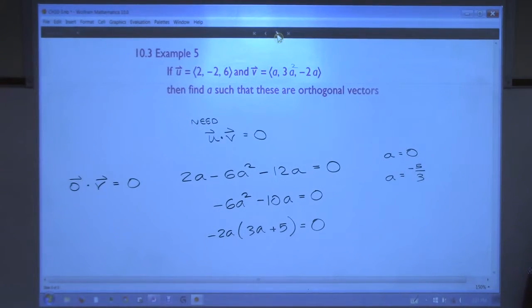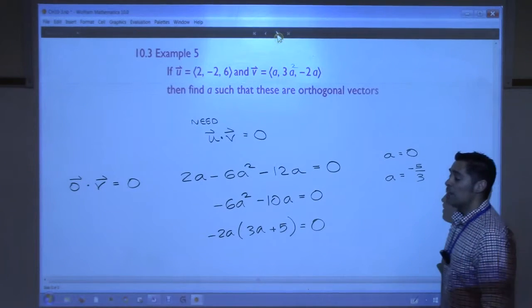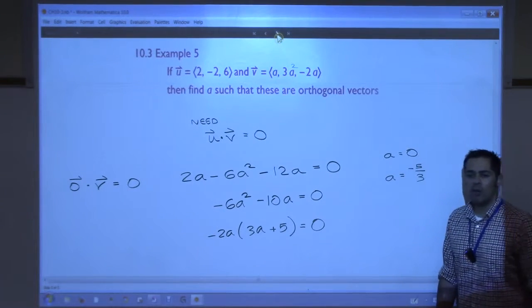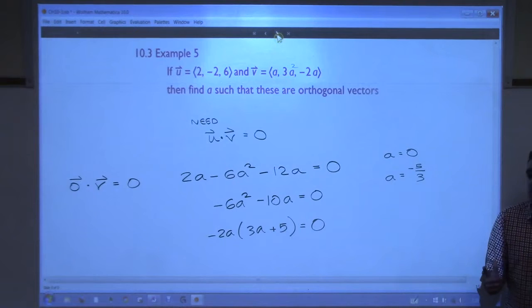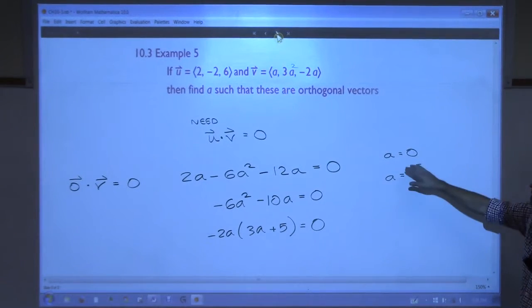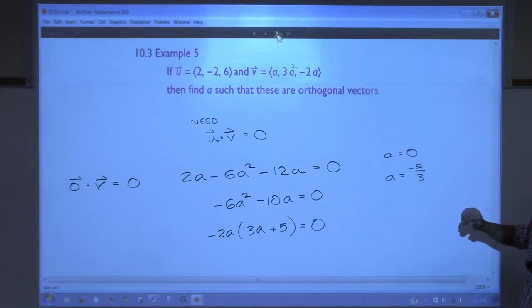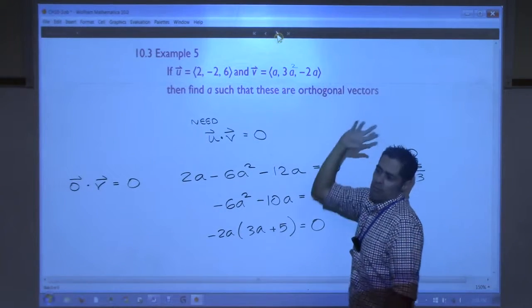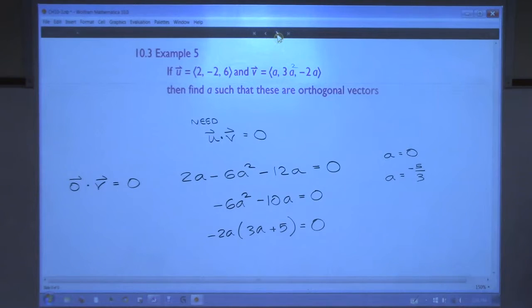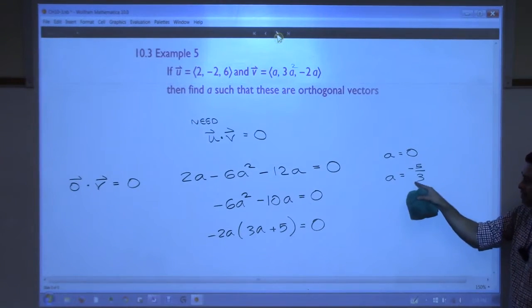That's weird, though. When we talk about orthogonality, we always say two non-zero vectors are orthogonal if and only if the dot product is 0. So we always want to be playing with vectors that are not the 0 vector. The fact that this happens isn't a surprise. If we just make this the 0 vector, we're always going to get a dot product of 0. But there's another solution that's not trivial, and that's this one.